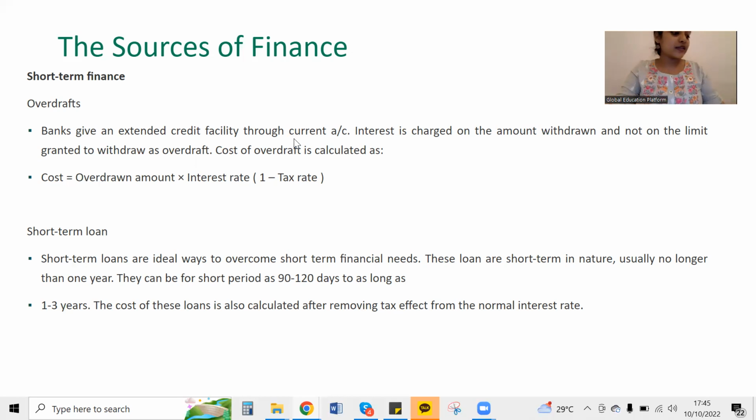So like I said earlier, overdrafts are a very easy thing because businesses are able to take up the credit facility at any time, because sometimes it's not really possible for businesses to wait for a longer period when they are short of cash. So overdraft is something really good, but however, it's good to avoid.